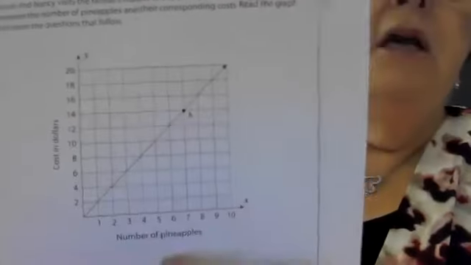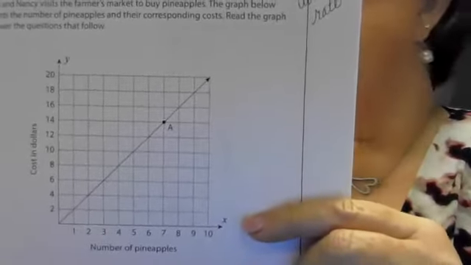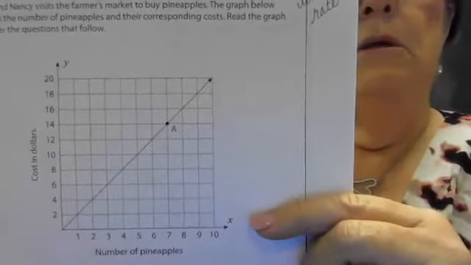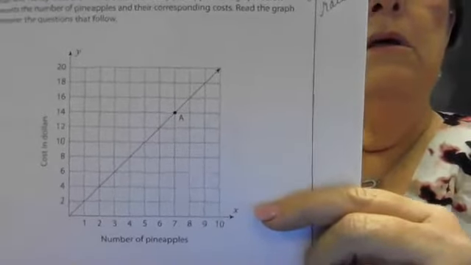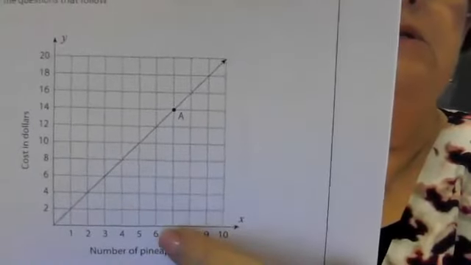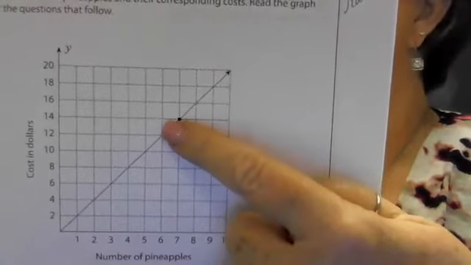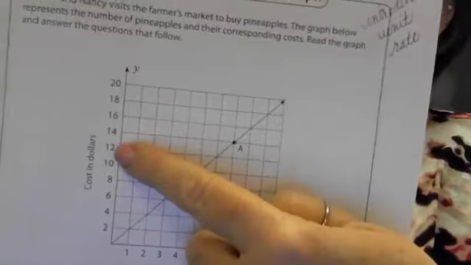So it says, if I'm going to buy 7 pineapples, it's going to cost me $14. Do y'all understand that? So tell me how much 6 pineapples are going to cost. $12, because you started at the 6, go up to where it meets the line that is the graph of the cost, and go over to the cost, $12.